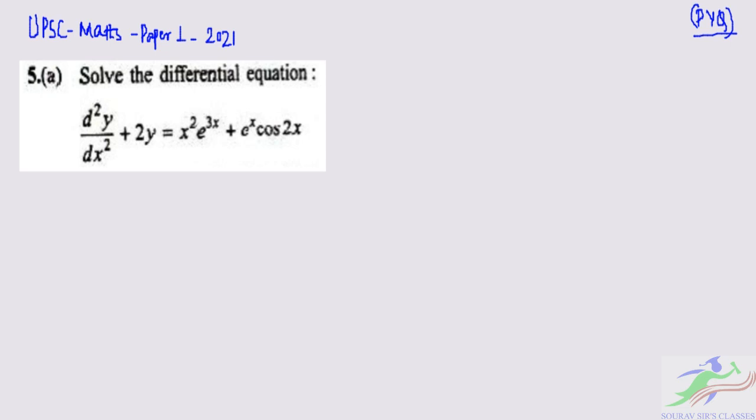We have to solve the differential equation (D² + 2)y = x² e^x... plus e^x cos 2x.